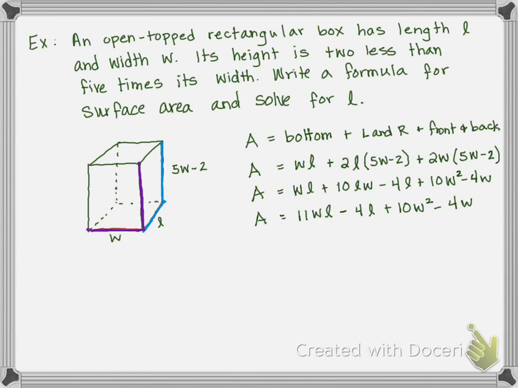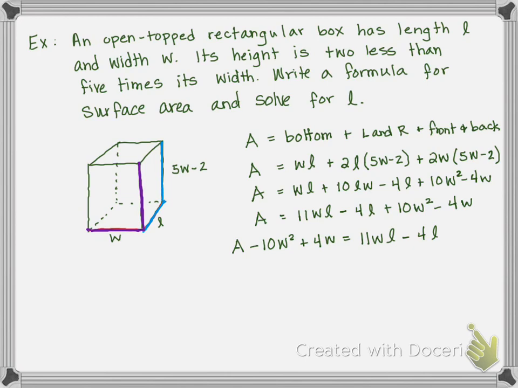So all I have to do is get all the terms that don't contain L on the left side. So we'll leave those first two terms alone, and we're going to subtract 10W squared, and then add 4W. So we have A minus 10W squared plus 4W equals 11WL minus 4L.